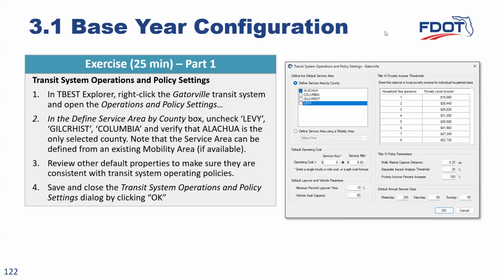Yes, we have a couple questions. Okay, so let me find that. Okay, can fare be set by zones? And the answer to that is not really, no. Generally, it's just by first boarding and transfer boarding, and it can't be set at the stop level.